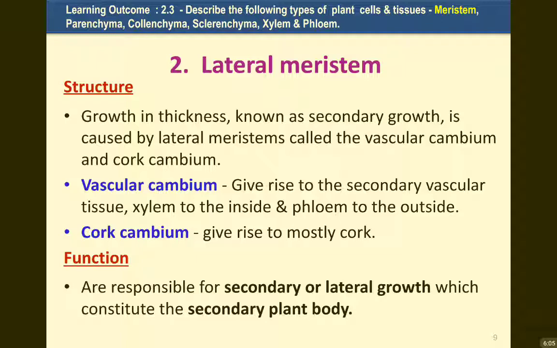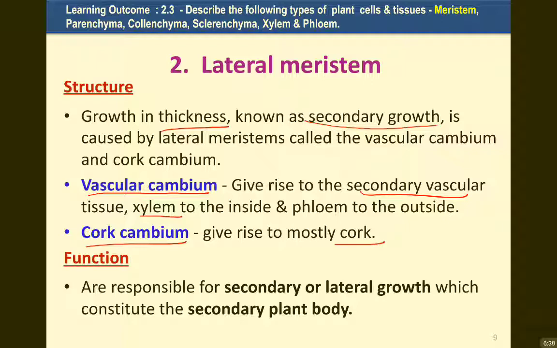So for lateral meristem, it grows in thickness for the plant to grow fat. So this is known as secondary growth. Okay, so we have two tissues under here, vascular cambium and the cork cambium. So the vascular cambium gives rise to secondary xylem, secondary phloem. Cork cambium gives rise to the cork tissue.